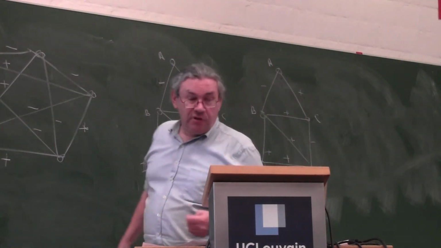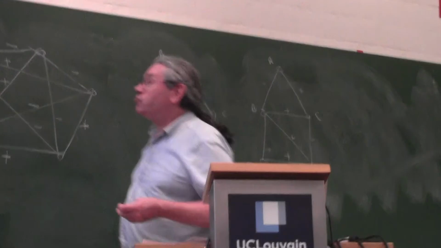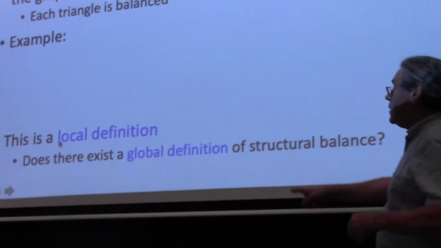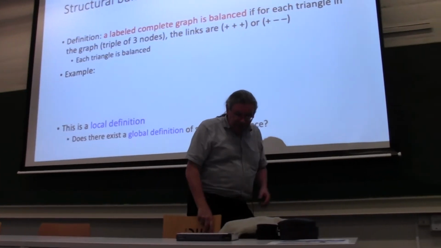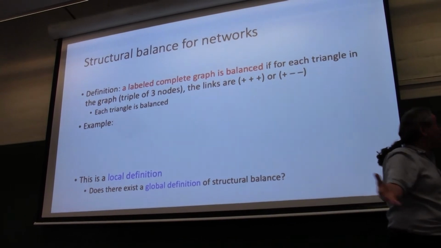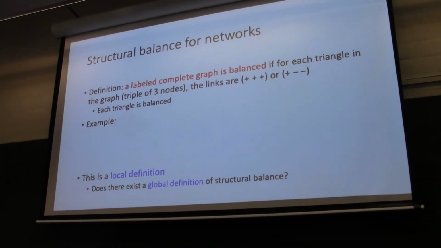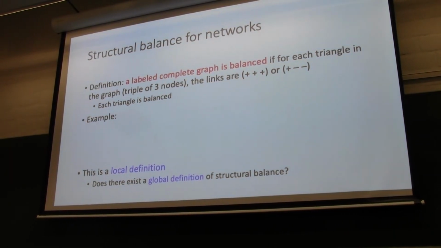But the definition that I give you here is a local definition. It means it's a definition about all the triangles. What I would really like is a global definition. I want to see the whole thing. Okay, in fact, you could make a global definition of balance too.